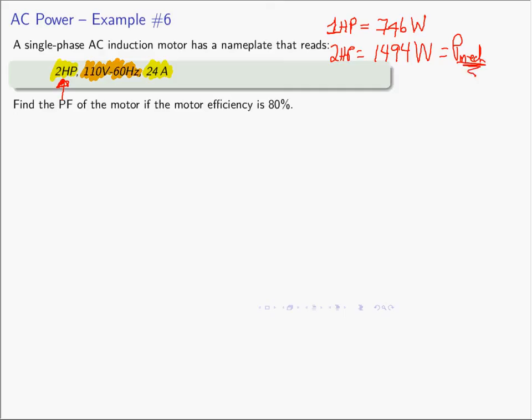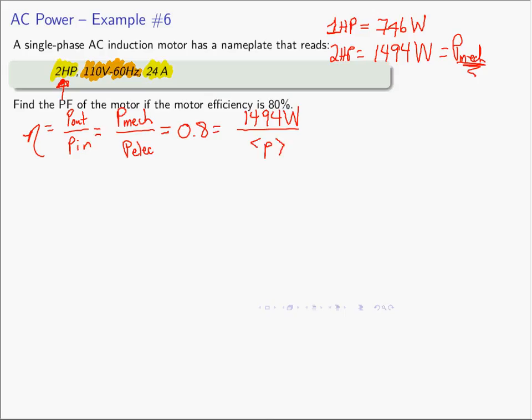Now we need the electrical power. Efficiency is normally written as output power over input power. This is a motor, so the output power is mechanical and the input power is electrical. We know the efficiency is 80% and the mechanical output power is 1,494 watts, and what we're left with is the electrical power, which is the real, useful power.